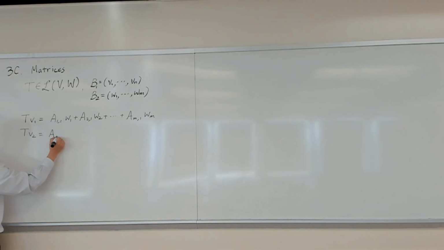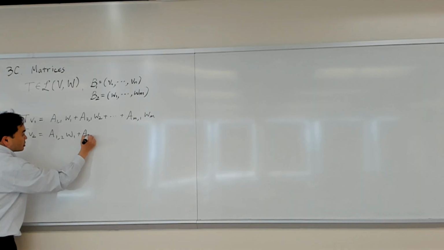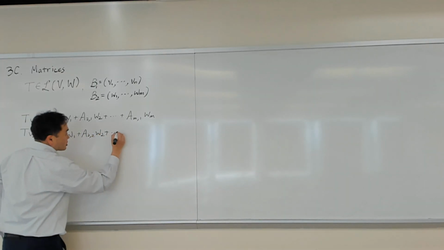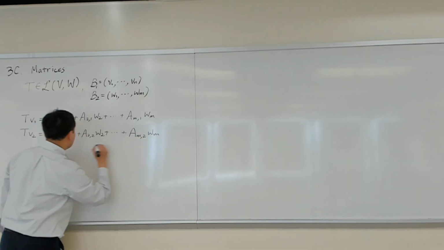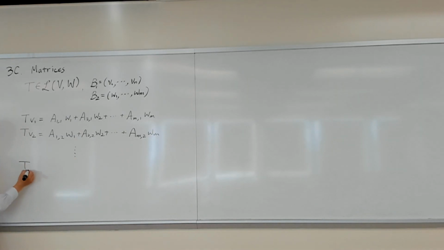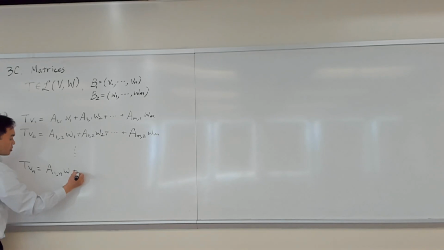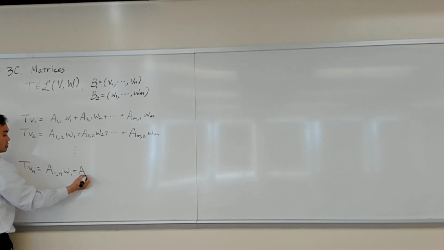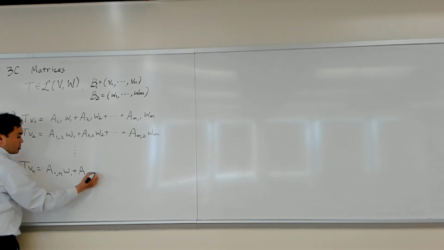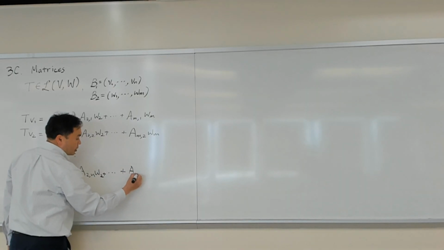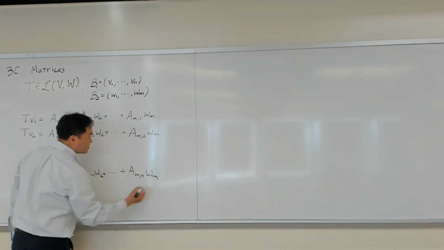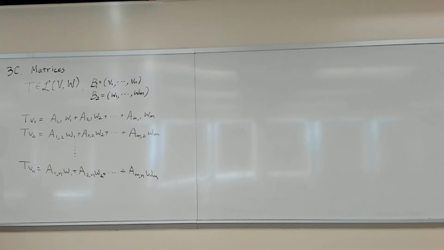So this will be A12 W1, A22 W2, Am2 Wm, and then until you reach the very final one, which is T of Vn equals A1n W1, A2n W2, Amn Wm. Yeah, so let's say this happens.